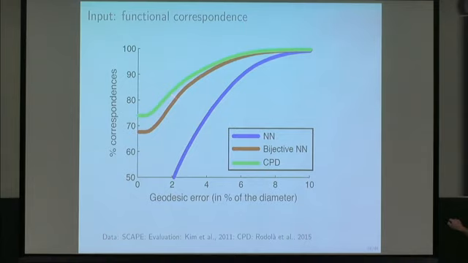These are the three results obtained by nearest neighbors, bijective nearest neighbors, and coherent point drift, recovered from the functional map. And this is what happens when we take these outputs as the input and do a few iterations of this product manifold filter. Those inputs are improved by this iterative procedure, and the gap is quite significant.